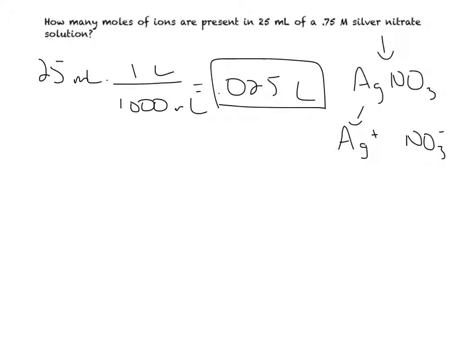Now that we know how many liters of solution, we can multiply that by the molarity to get the number of moles of silver nitrate. So I'm just going to take our equation: molarity equals moles over liters. By the way, the abbreviation for mole is mol, because writing that e takes time. So M equals mol over liter, and we're going to solve this.